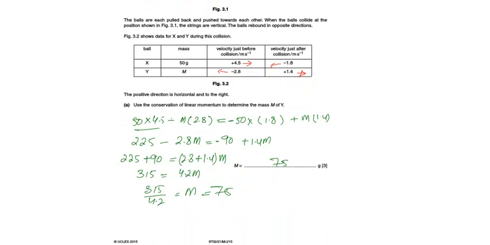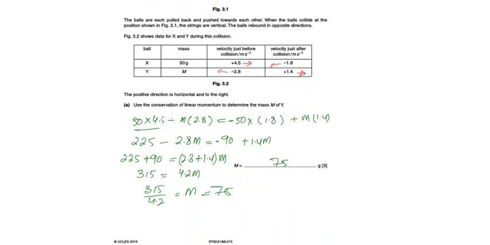So the momentum before collision: we need to add. Before collision, X is 50 and its velocity is 4.5 and it is to the right, so it is positive, and m times 2.8, it is moving to the left, so it is negative. That equals, after collision, minus 50 times 1.8, as it moves towards the left so it is negative, plus m times 1.4, as it moves to the right so it is positive.